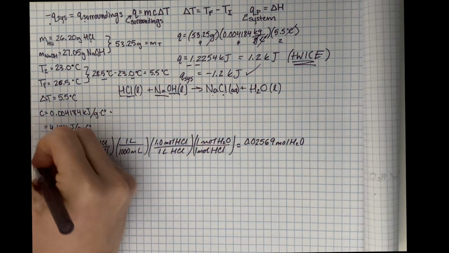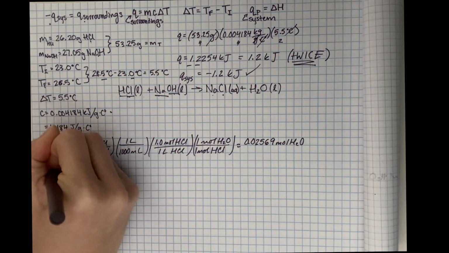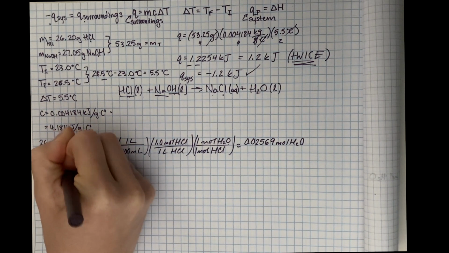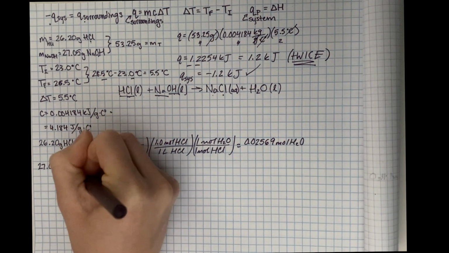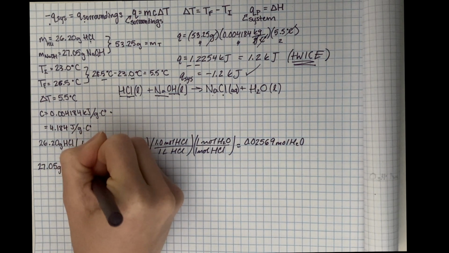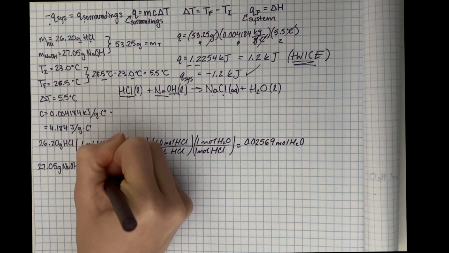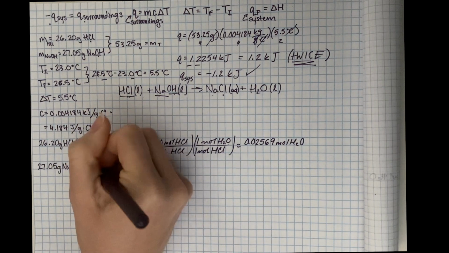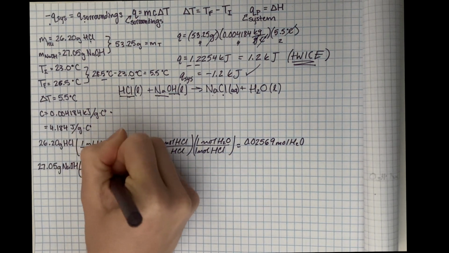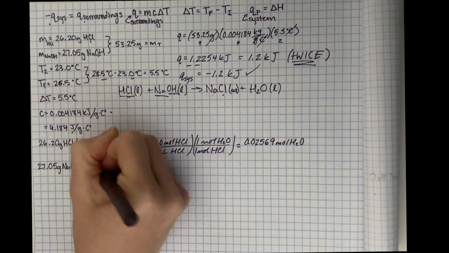Now we're going to go ahead and do the same thing with our NaOH. The only thing that changes is the density. So it's 1.08 grams of NaOH per 1 milliliter of NaOH.